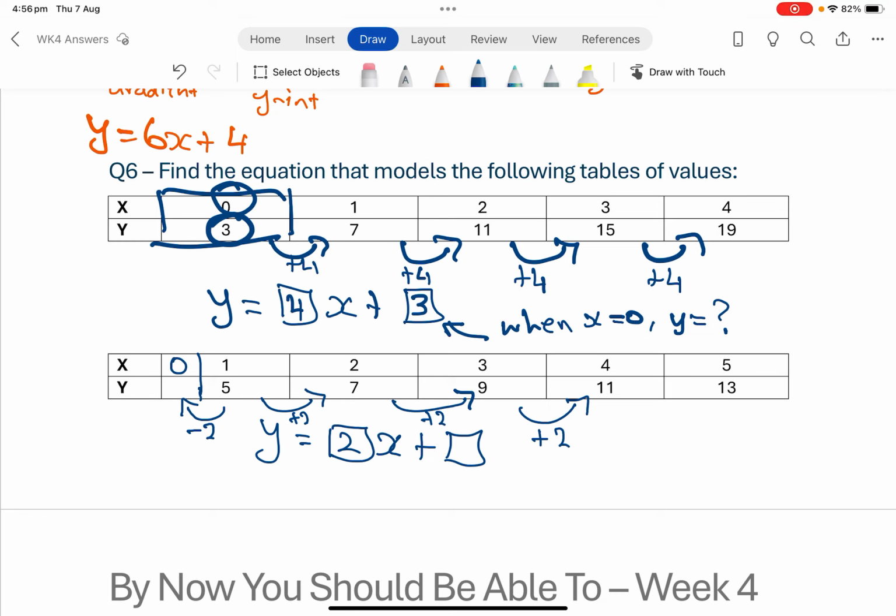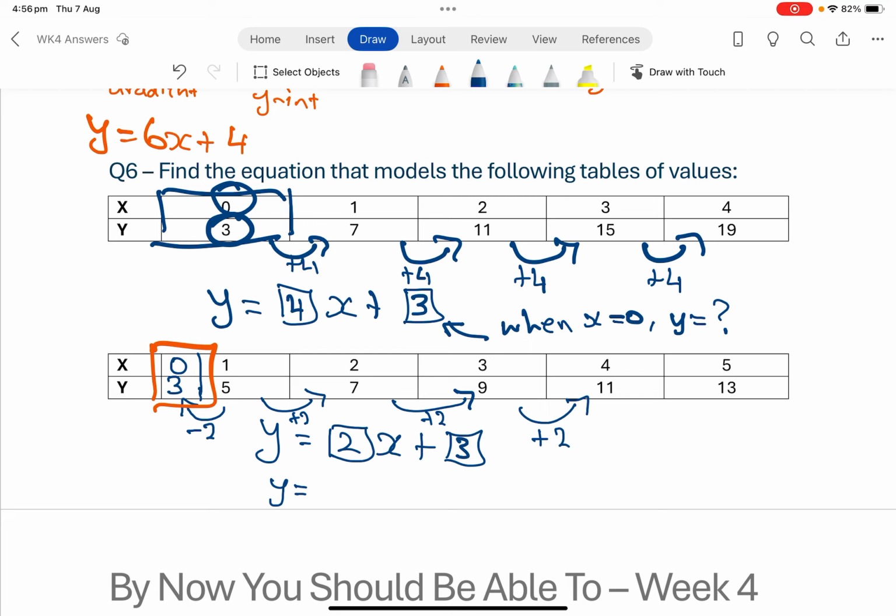And then to go from 5 to the next one below that, 5 minus 2 would be 3. And you can test it, because if the plus 2 rule works, 3 plus 2 is 5, 5 plus 2 is 7, and so on. So, okay, good. We found that when x is 0, y is equal to 3. We can use that information now to tell us that we have plus 3. And that's our equation.